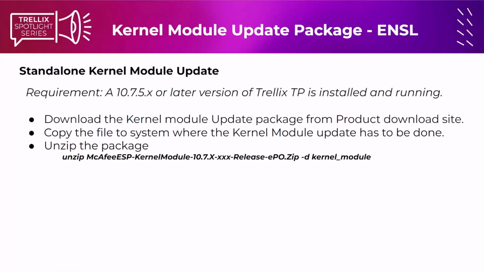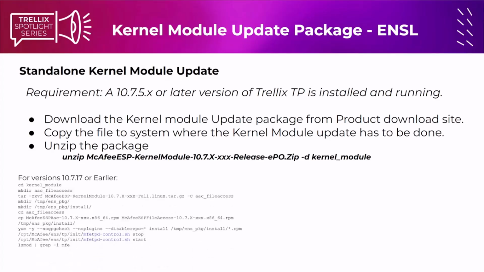And step 4, this step varies with the version we have on the system. If the system has Endpoint Security for Linux 10.7.17 or earlier, we will have to unpack the kernel module update, move the RPMs to a clean temp folder, and force a local installation using yum and restart the threat prevention services to apply the changes.